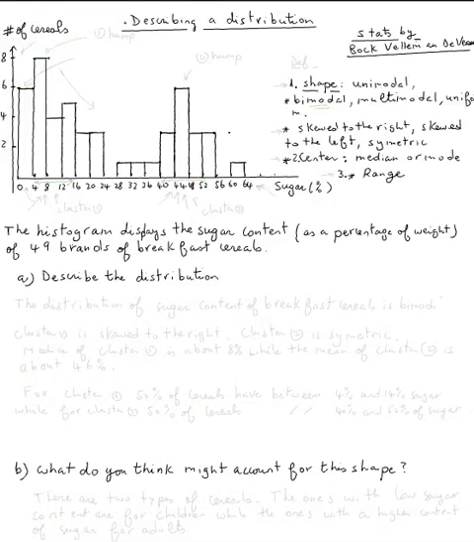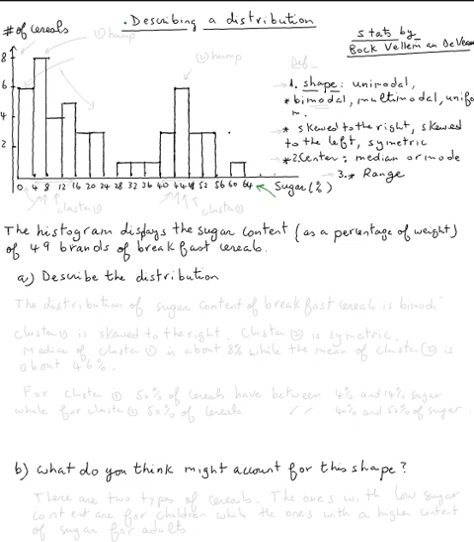The topic is describing a distribution. So let's do this example. This histogram displays the sugar content as a percentage of weight of 49 brands of breakfast cereals. And the question is, describe the distribution. The first thing you need to look at is the bottom, which always tells you what variable you have.